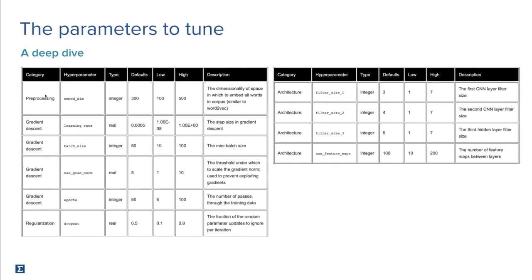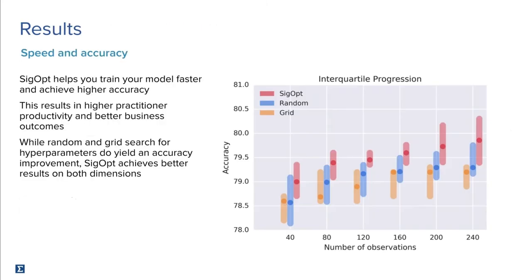But we also tune the embedding dimension of a word2vec pre-processing step as well. This just goes to show the full breadth of different magic numbers or configuration parameters that usually exist within a complex machine learning or deep learning workflow, and all of the different things that you can potentially tune when having access to an optimizer.